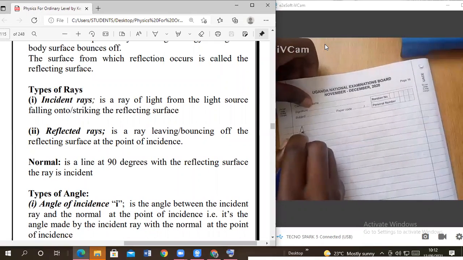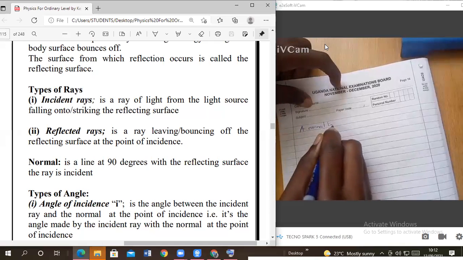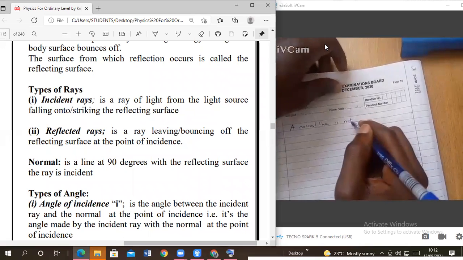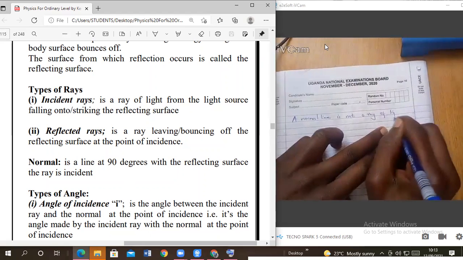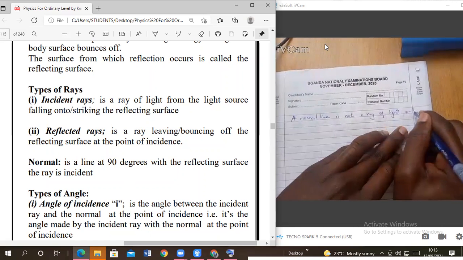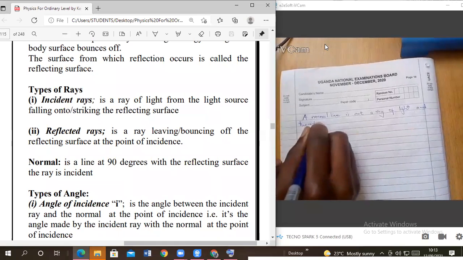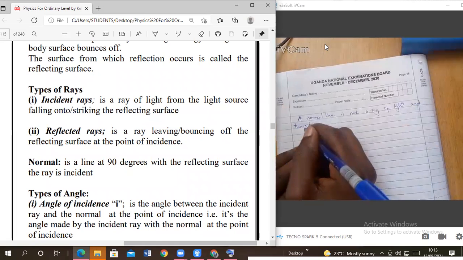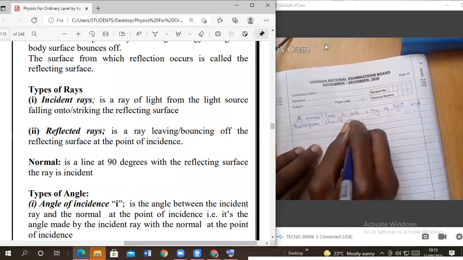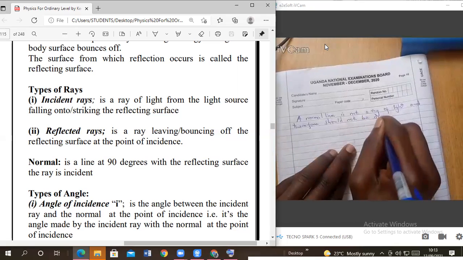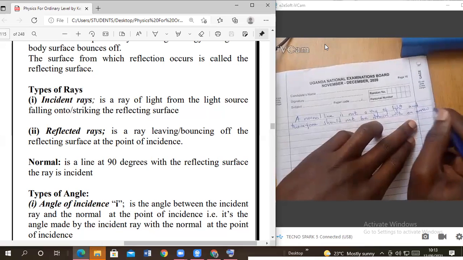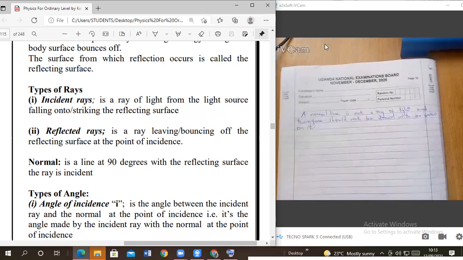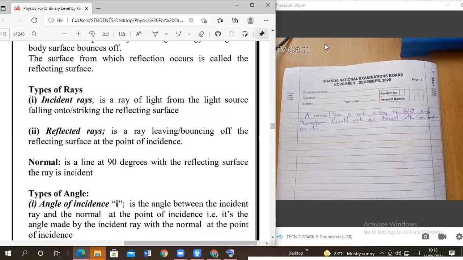Note: a normal line is not a ray of light, and therefore should not be drawn with an arrow on it.